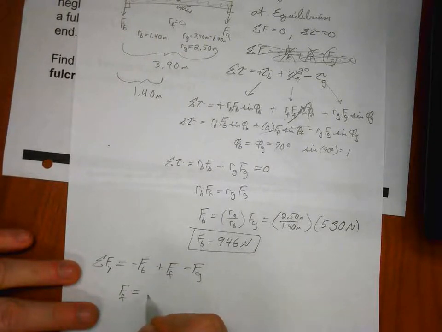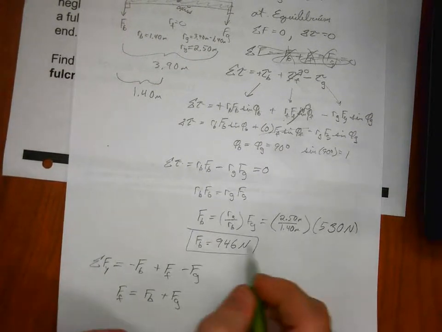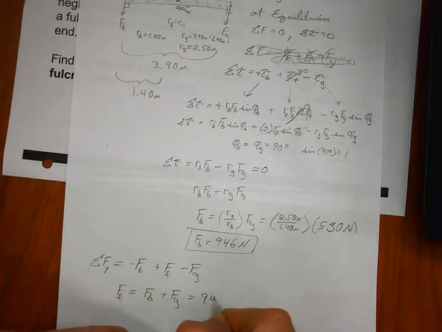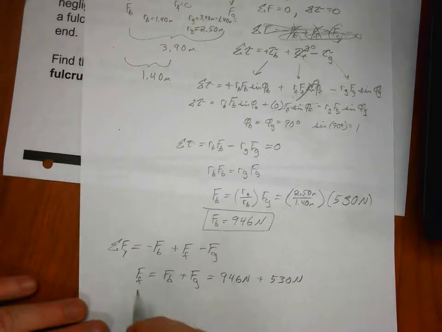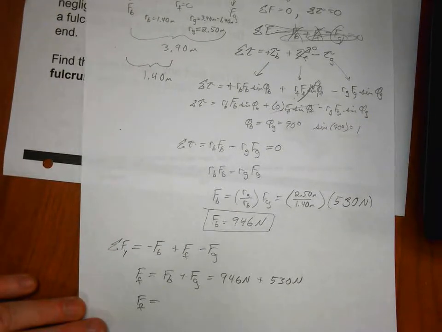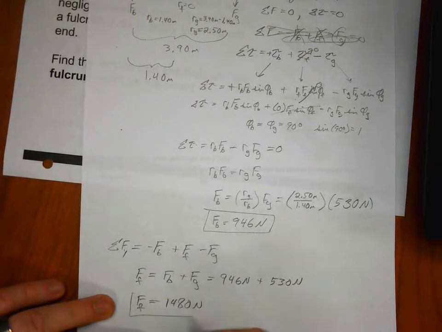So that's just going to be F_B plus F_G. Well, F_B we solved for at 946 newtons, and we're going to add to that 530 newtons. So F_F is just F for the fulcrum. It's equal to 1480 newtons.